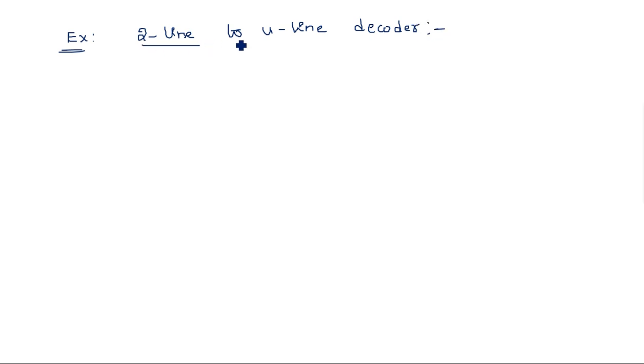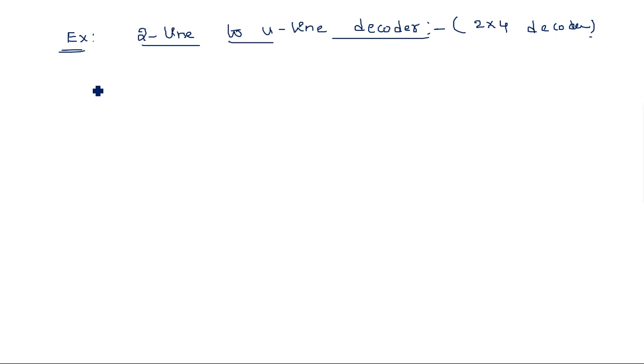Decoders, encoders, multiplexers and demultiplexers are represented like this: 2 by 4 decoder, 4 by 1 multiplexer, and so on. In a 2 by 4 decoder, 2 inputs are there and 4 outputs are there.